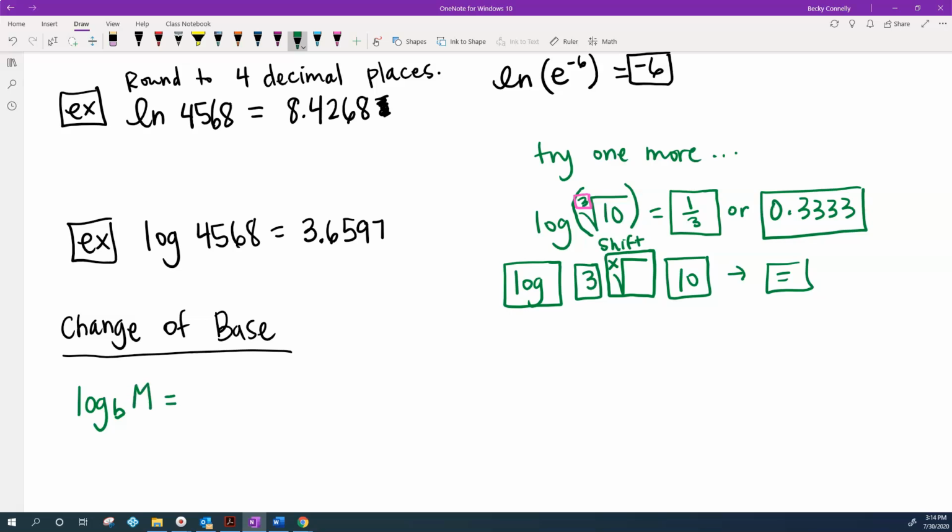And in order to figure this out on your calculator, because you don't have that different base besides base 10, what you'll do is you'll do log of m, so log of the big number divided by log of b. So that's all you have to do on these to get that change of base.